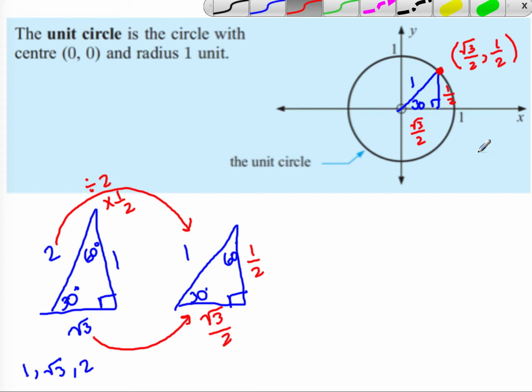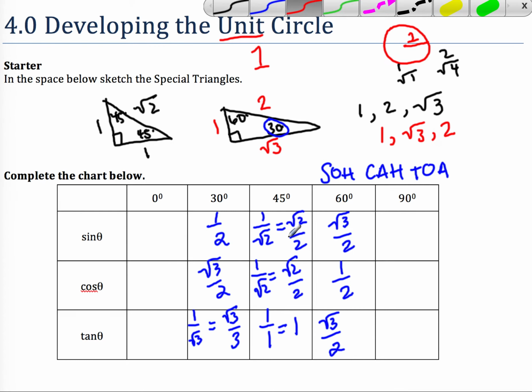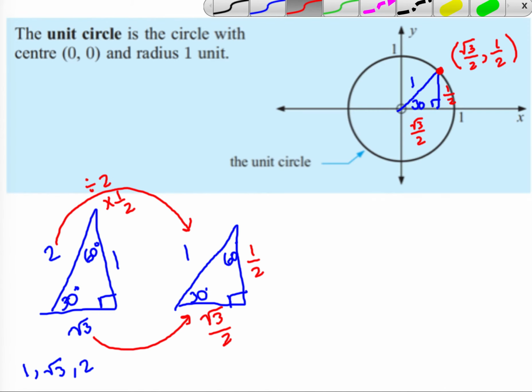So if we look back at our relationship of our 30, 60, 90, how does that relate to, let's look at 30 degrees and root 3 over 2. So 30 degrees, root 3 over 2 is our cosine of 30 degrees. So if we look back up here, this was just our cosine of theta, which was our 30 degrees.